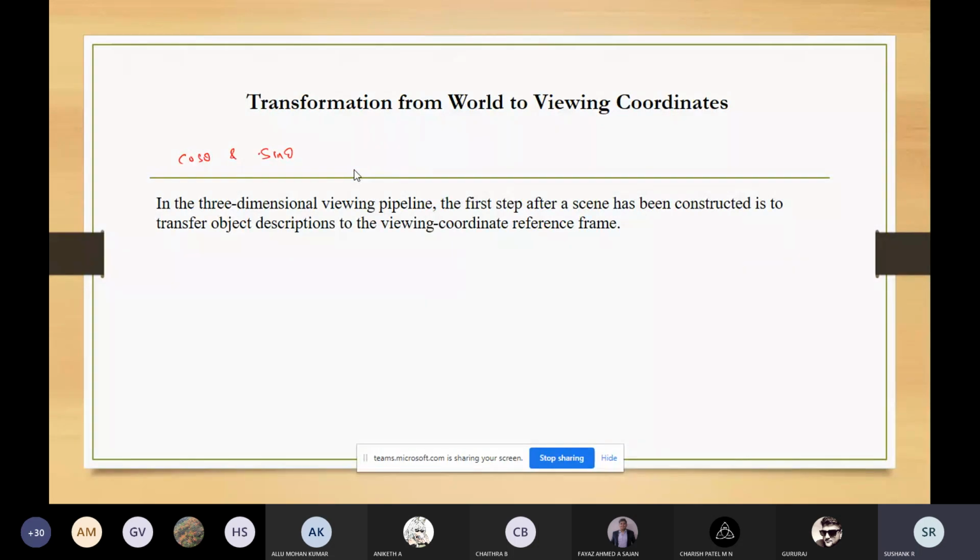When performing the rotation, we will use the unit vectors U, V, and N, which will form the composite transformation.